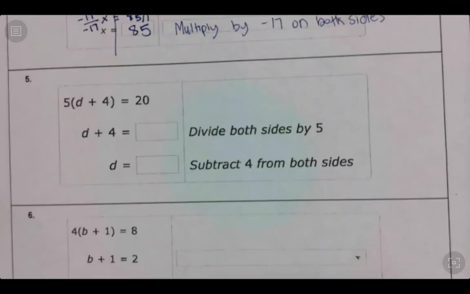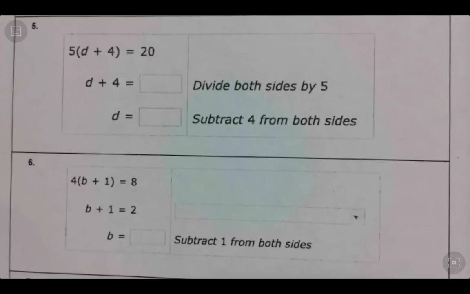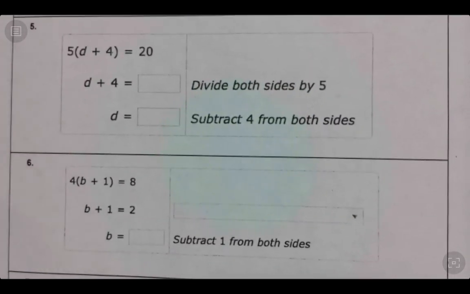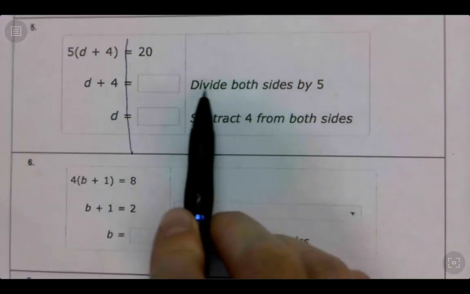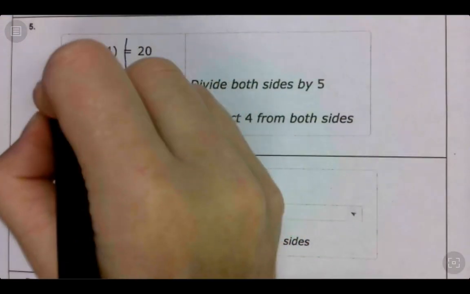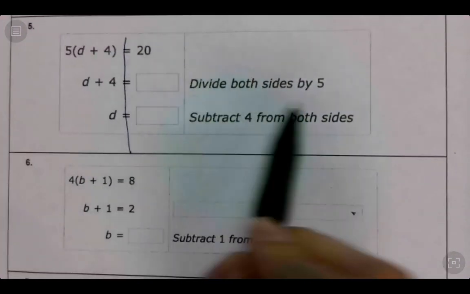Now, 5 and 6, they're doing it a little bit differently than if you would have been in group 3 last time, and that's A-okay. So what they're saying is, still draw your barrier. Instead of doing the distributive property, they're going to divide by both sides first.